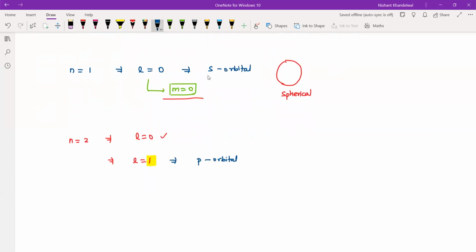Now for a value of L, we can have 3 values of M. M can be -1, 0, and +1, minus L to plus L. So it means there are 3 directions or 3 ways.